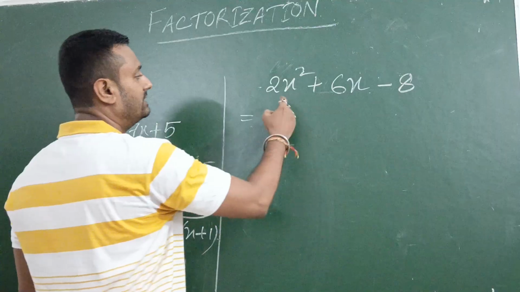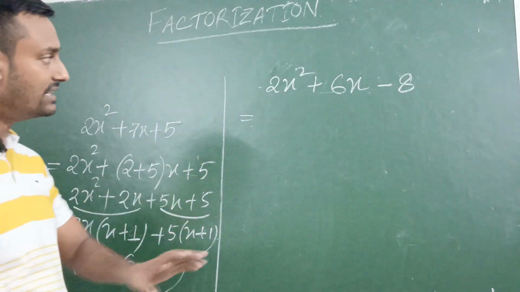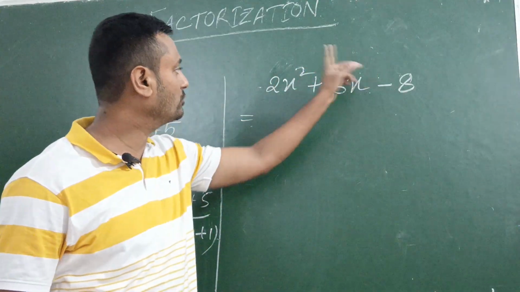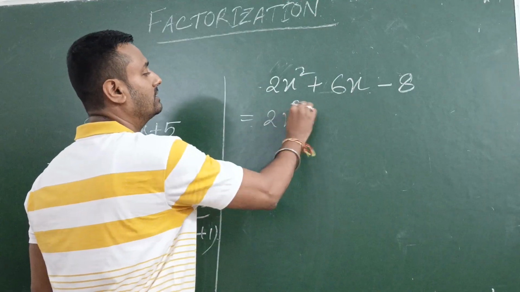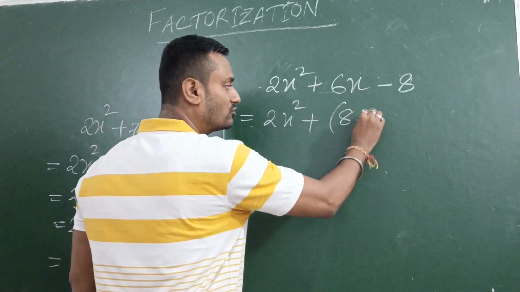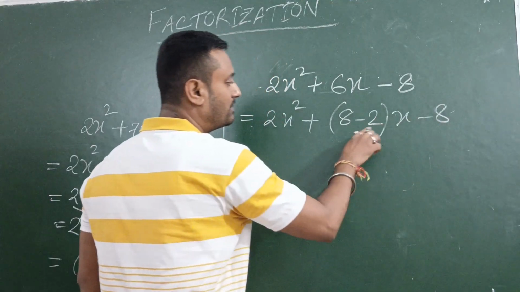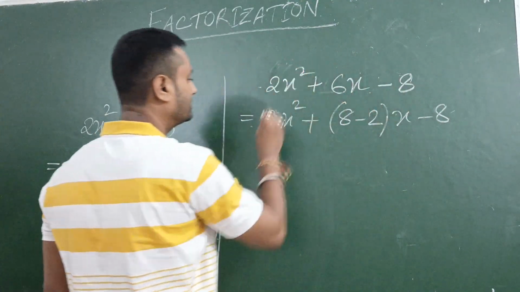So in this case, c is negative, that means you have to find two numbers whose difference is 6 and product is the product of a and c. 8 into 2, 16. So easily you can find the two numbers: 8 minus 2 is 6, and 8 times 2 is 16.